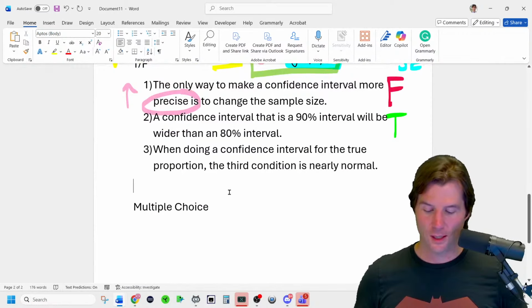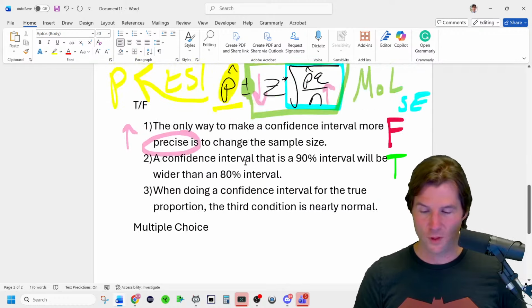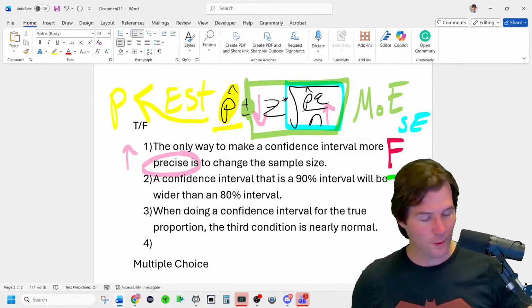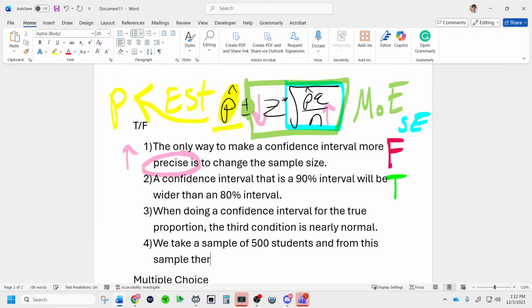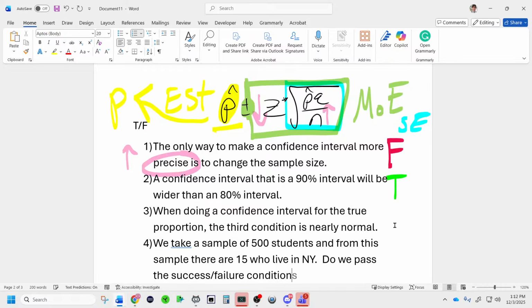So let's do one more true false. You ready? We take a sample of 500 students, and from this sample, let's say 15 live in New York. Do we pass the success/failure condition?